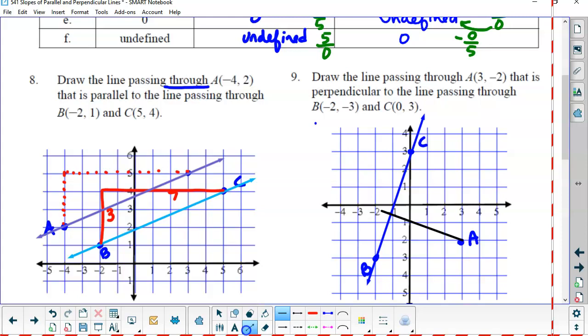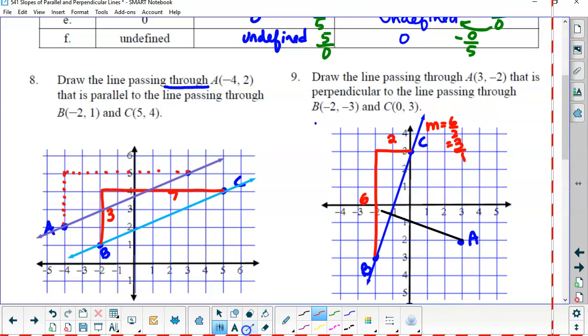So this line BC, if I'm going up and to the right, 1, 2, 3, 4, 5, 6, to the right 2. So that slope is 6 over 2, which is 3. Okay, so that must mean I have to do the opposite, right? Now this rise becomes my run. So this rise of 3 becomes my run, or we can go back to the original.